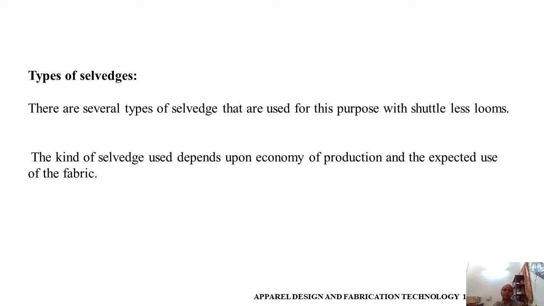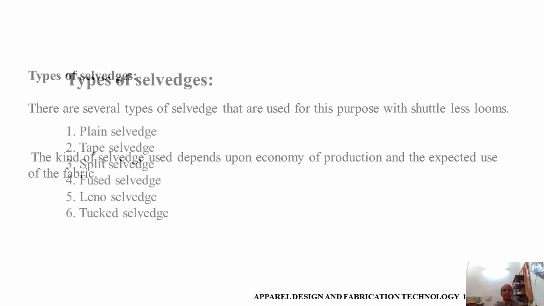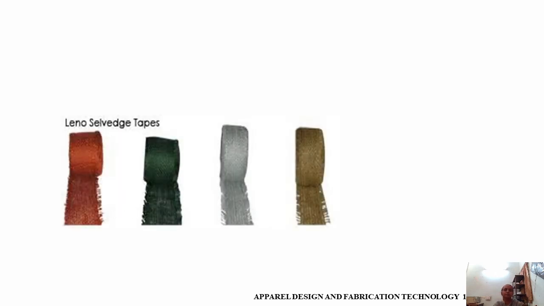So many types of selvages are made depending on the purpose, production and expected use: plain selvage, tape selvage, split selvage, fused selvage, lino selvage, tuck selvage. These are the types of selvages. See the images of the selvages.